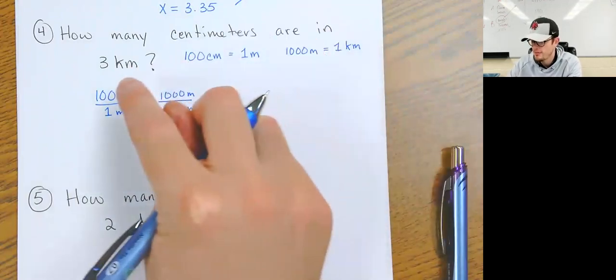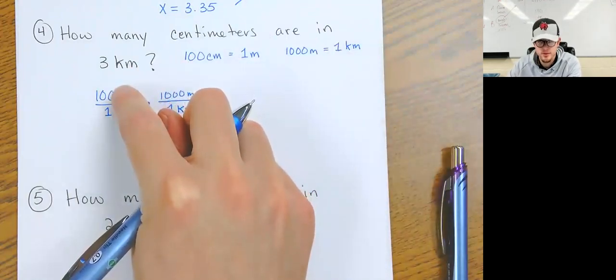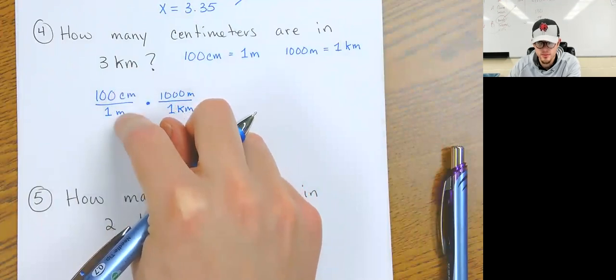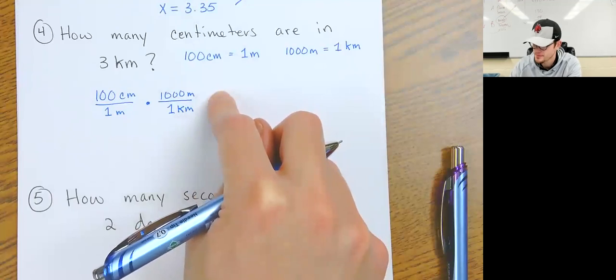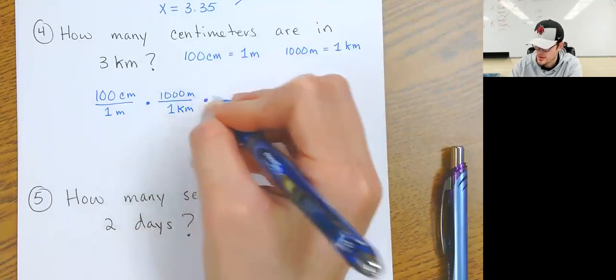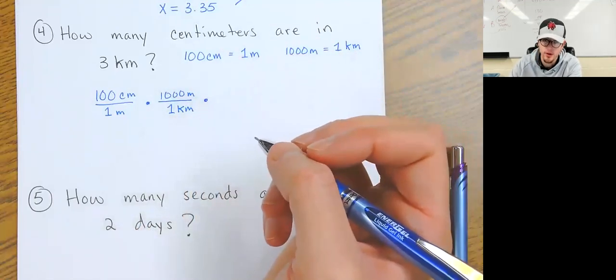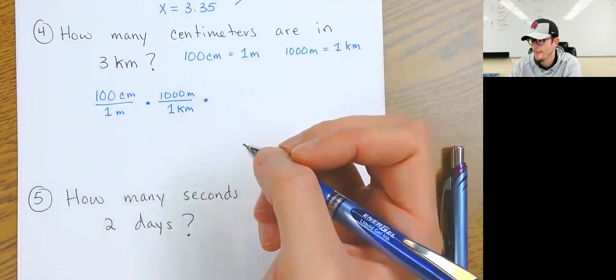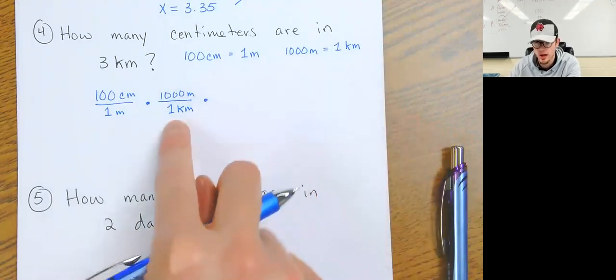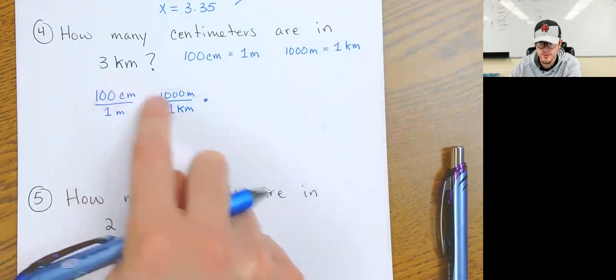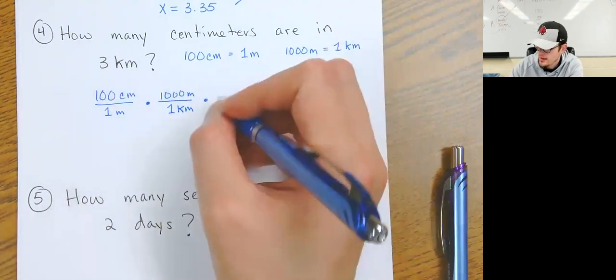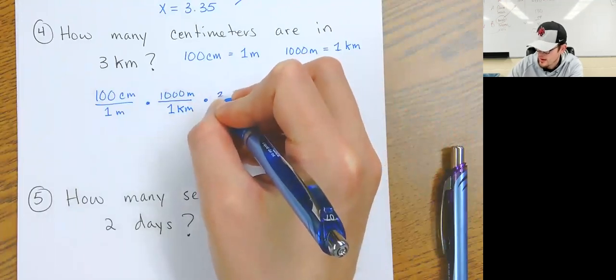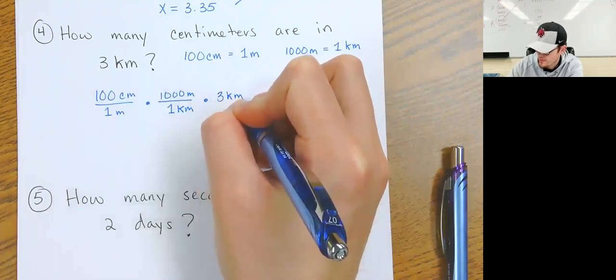So I've gone from centimeters to meters, meters to kilometers. Now I don't need to change the units anymore. But I do have more than 1 kilometer, right? I have 3 kilometers. So what I need to multiply next by is the 3 kilometers.